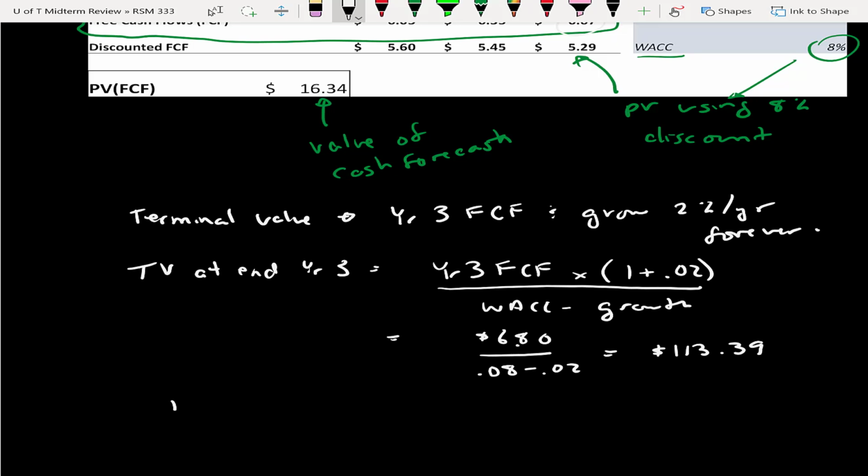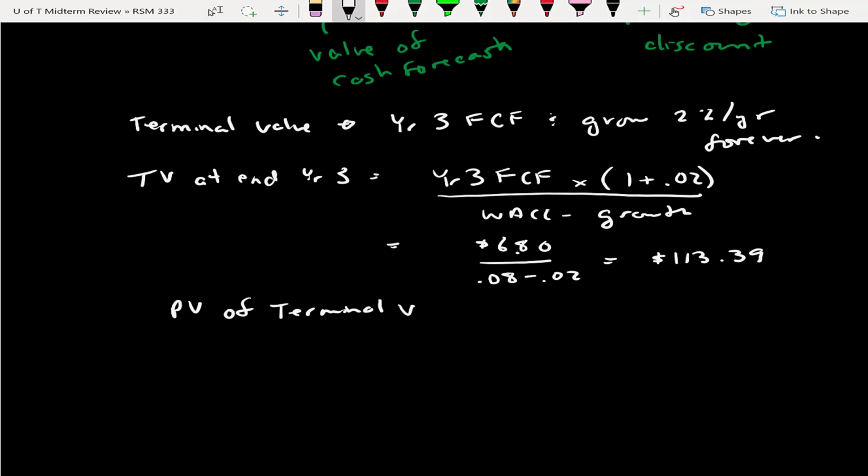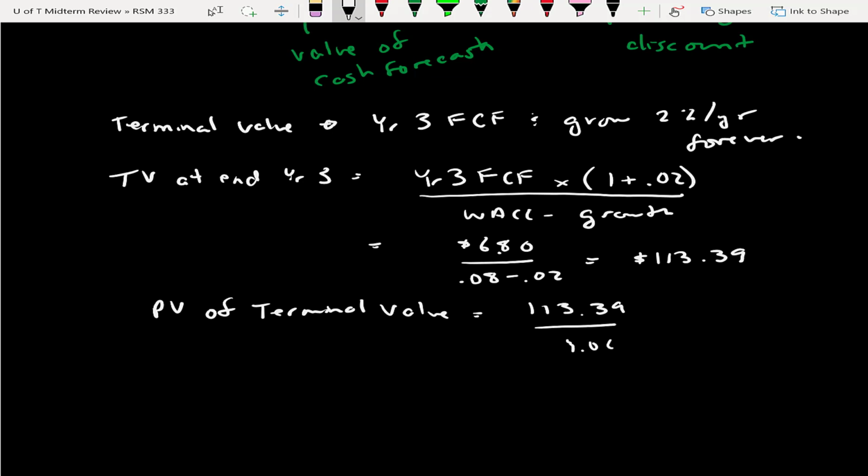So what's the present value of the terminal value? It's going to be 113.39 divided by 1.08 to the power of 3. So you're just taking a time value of a lump sum, and that works out to 90.01.